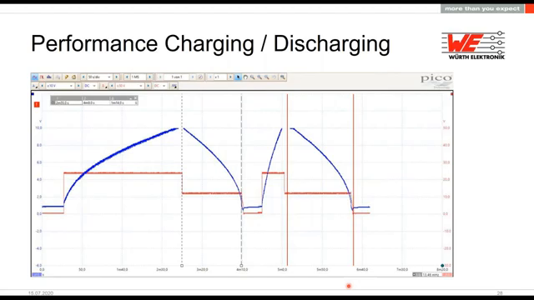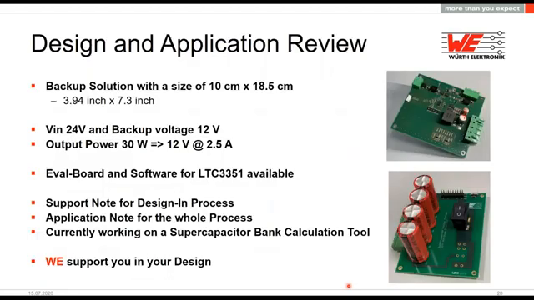It doesn't matter if it's charging with load or charging without load, the discharge is every time the same, and it works as we described. We checked it with an electronic load and also with a resistor network, and it works quite well for our demonstration.